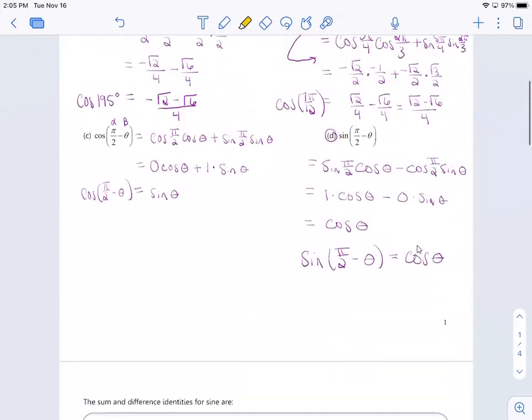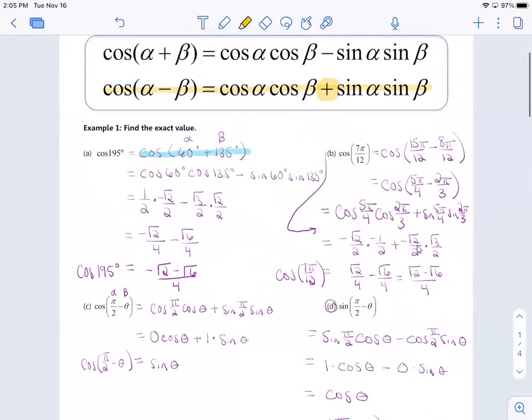So I want to look here, right? It looks really darn similar because I have cosine of 40 degrees times cosine of 80. And then I have a minus sine of 40 degrees times sine of 80 degrees.